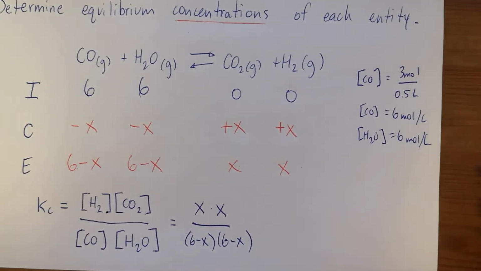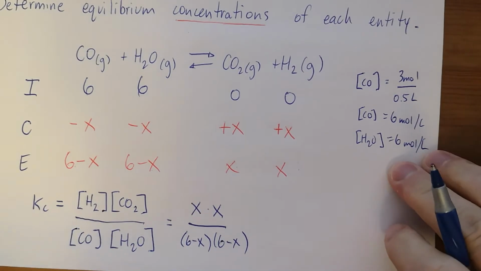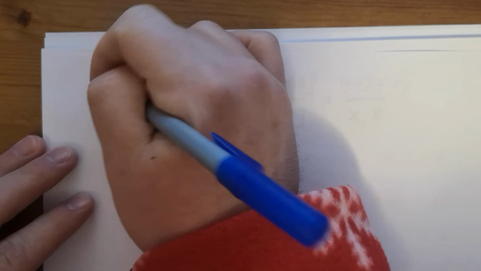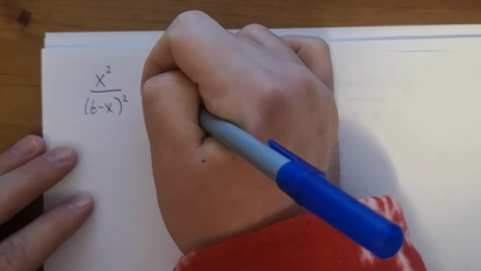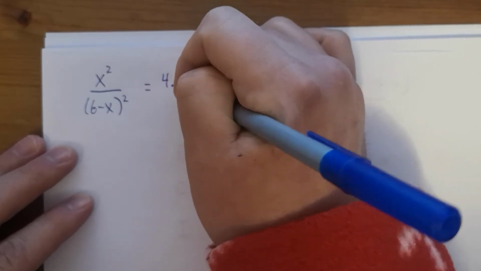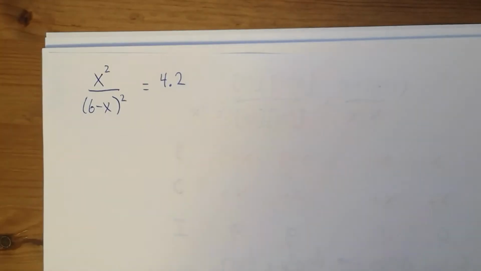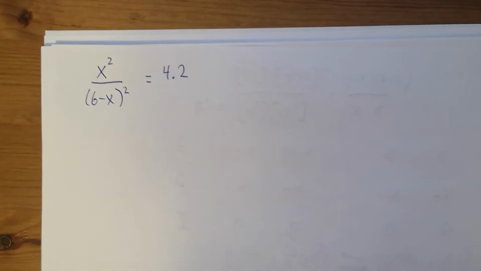All right, so we have some math to solve. I'm going to flip the page and we're going to do that. Remember, we had x times x. That's x squared. We had 6 minus x times itself, so that's 6 minus x squared. This has to equal 4.2. Check this out.